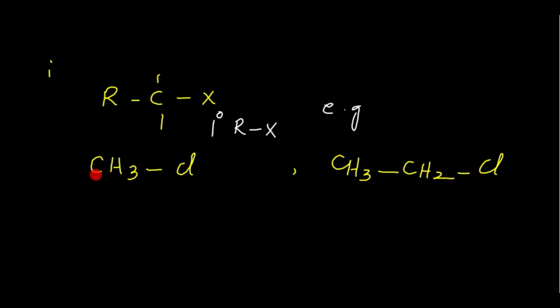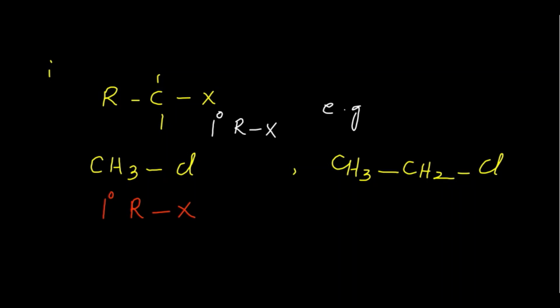We know very well the carbon atom which is attached with no more carbon or with just one carbon is primary carbon. Since the functional group is directly attached with primary carbon, this alkyl halide is a primary alkyl halide, usually represented with 1 degree.